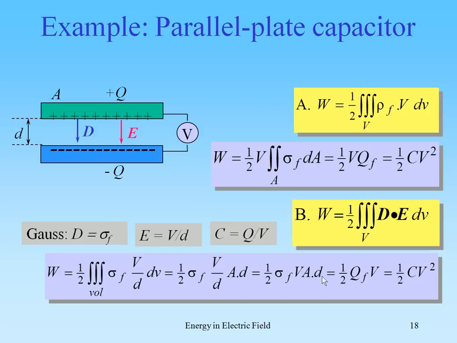Then we can write it in this form: sigma times A is Q, and here we have the potential, so that's also 1/2 of the capacitance times the potential squared.